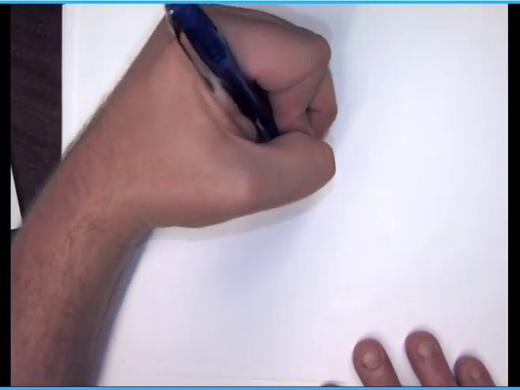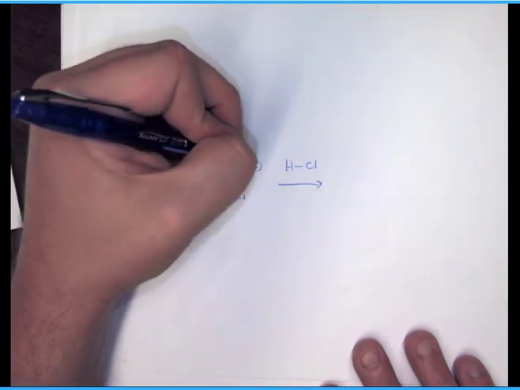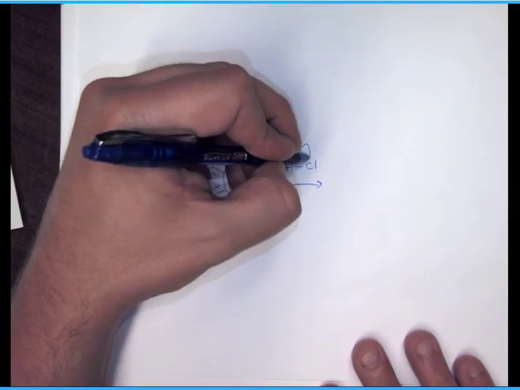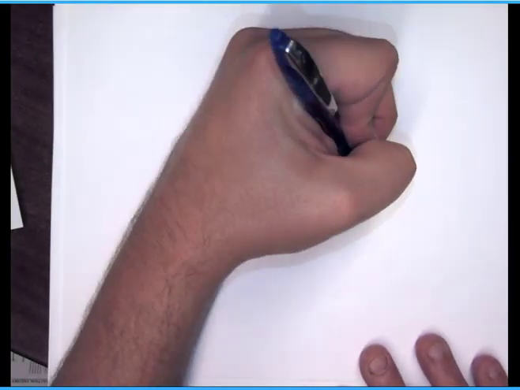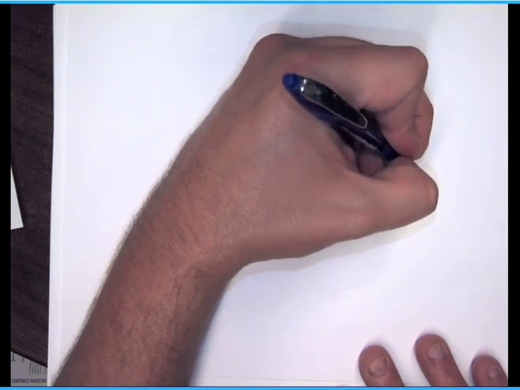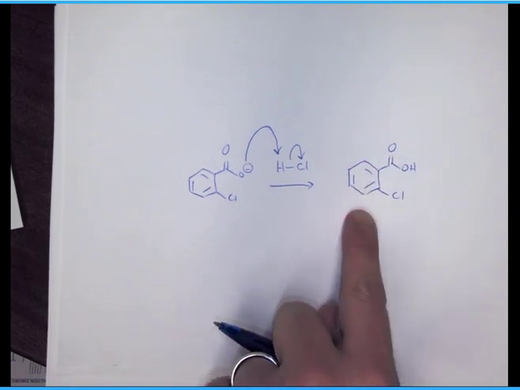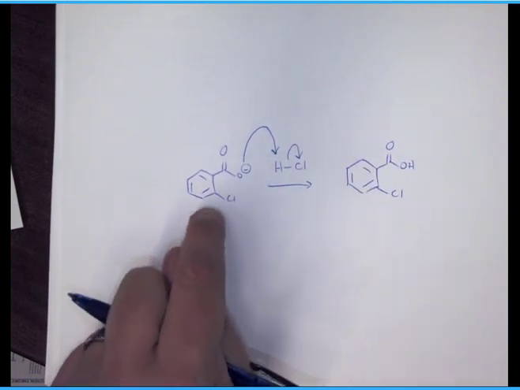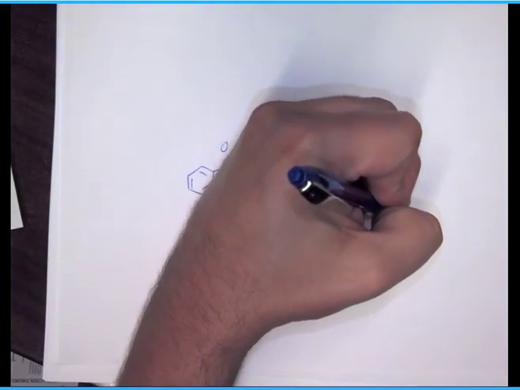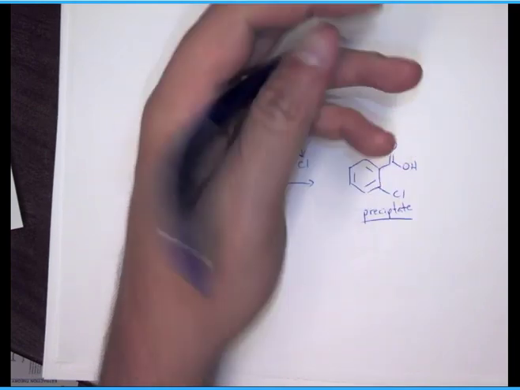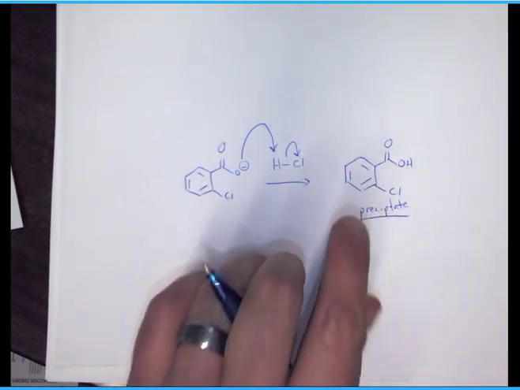But when you add the HCl, this is the conjugate base form of carboxylic acid, so it's going to act like a base. One of the lone pairs on the oxygen is going to attack the hydrogen, and so you're going to get this neutral carboxylic acid species. Remember, this is very soluble in water, but this is not. So what's going to happen is you're going to see a white precipitate form when you do this reaction. And that's how you're separating them out.